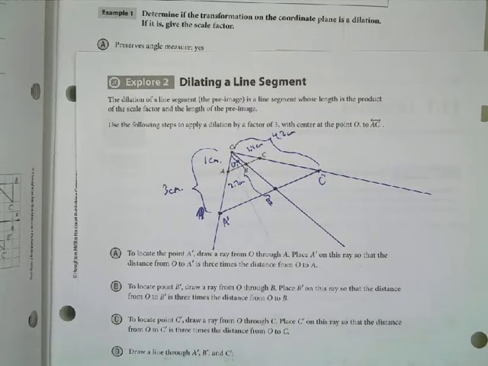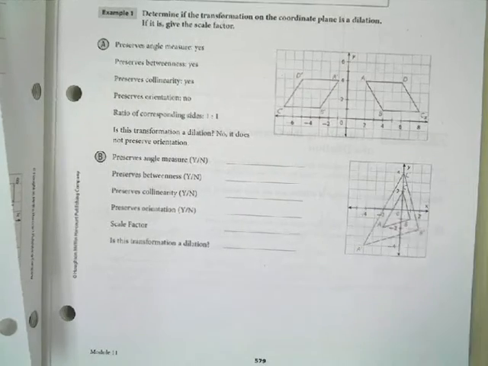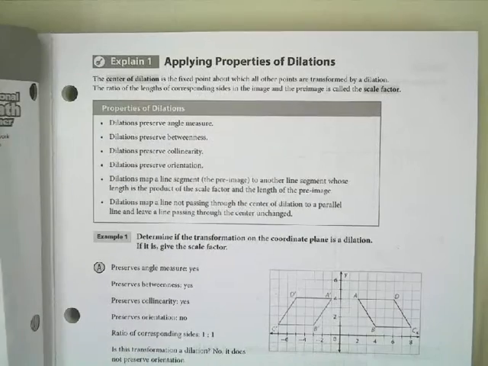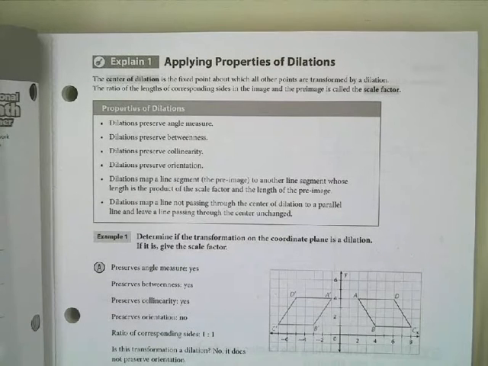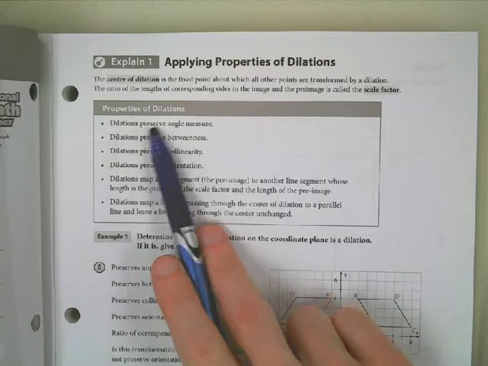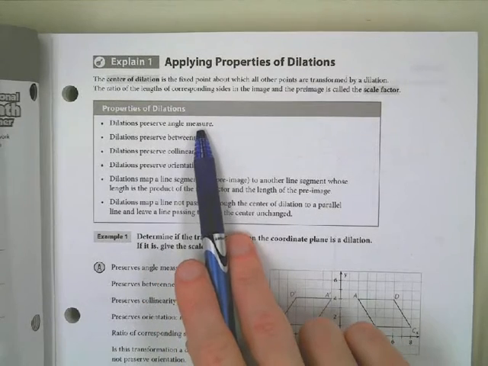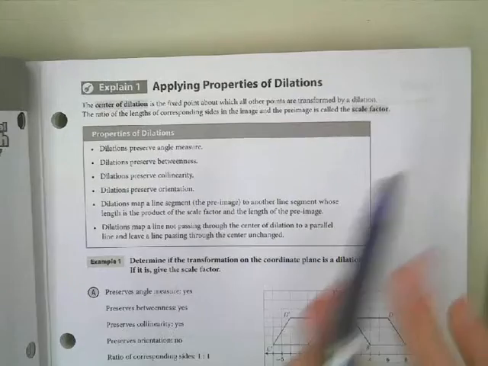So, moving on. Here are some properties of dilations, which maybe aren't as obvious as you might think. Dilations preserve angle measure. You're like, duh, congruent angles, right? I forgot, I want to hit these vocab words. The center of dilation is the fixed point about which all of the points are transformed by a dilation.